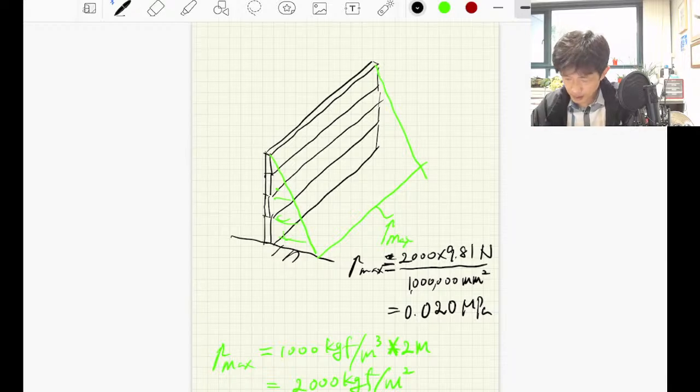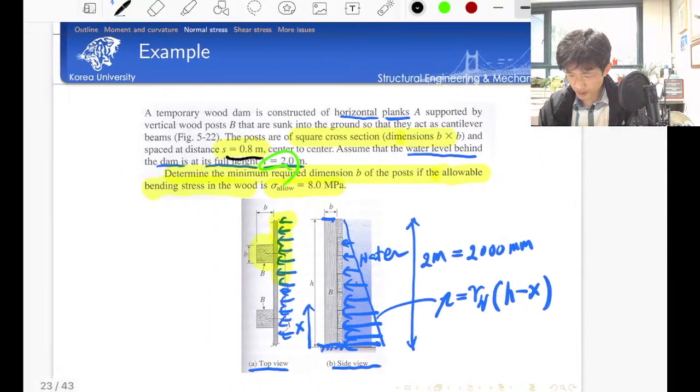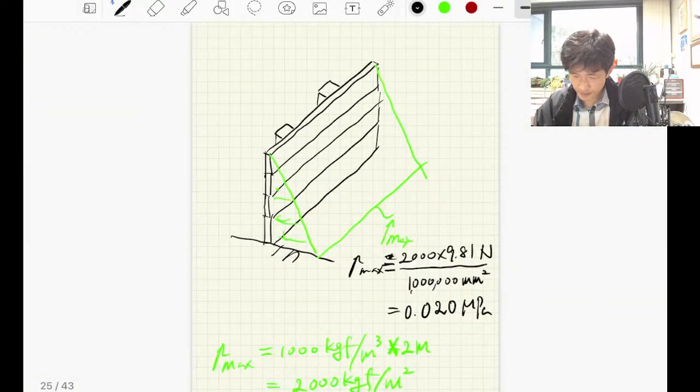And then this plank is supported by a post here, isn't it? The spacing of the posts is given as 800 millimeters. The spacing here is 800 millimeters.